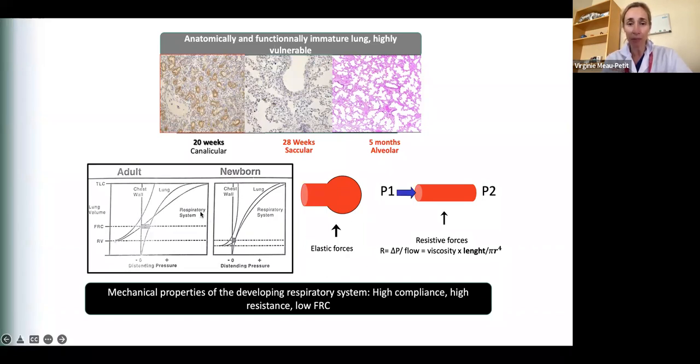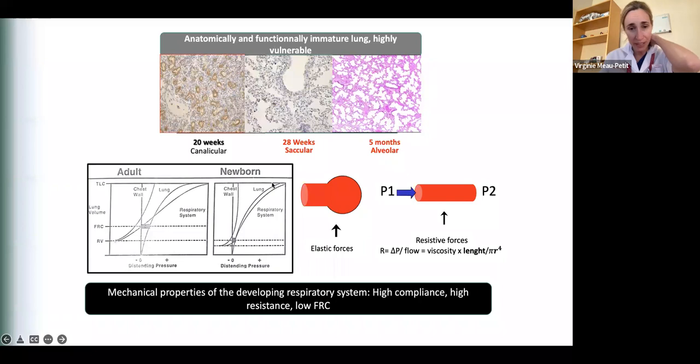If we come back to the specificity of the newborn lung, on the left side, we have the curve of the standing pressure in adults compared to newborn. Here we have the curve for the chest wall compliance for the adults, here for the newborn. Here is the compliance curve for the lung in adult and the compliant lungs in newborn.